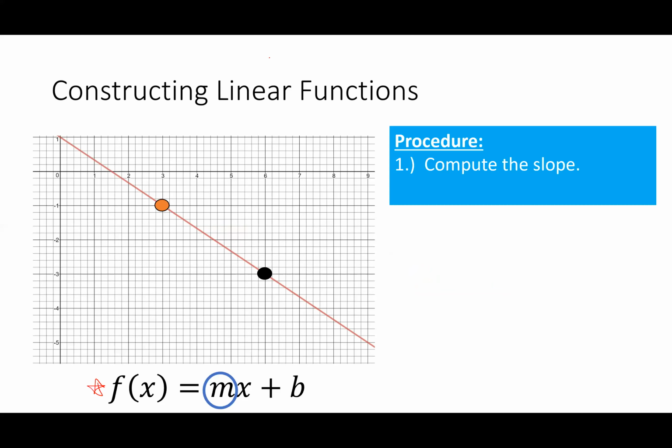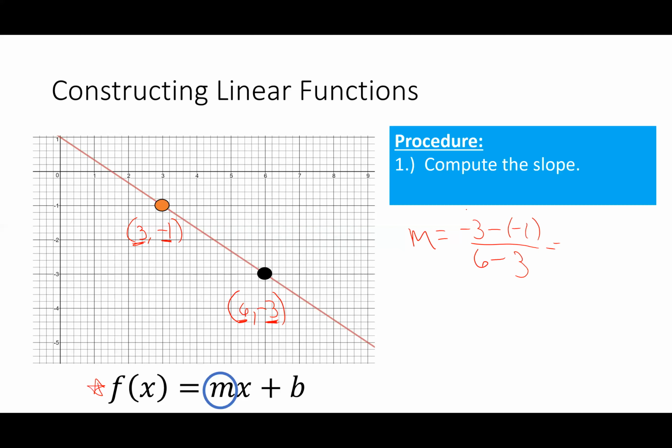So let's do it. I've got m is equal to, so (3, -1), (6, -3). Sorry, I didn't realize how clunky these animations were. y2 minus y1, divided by x2, consistency is important, minus x1.